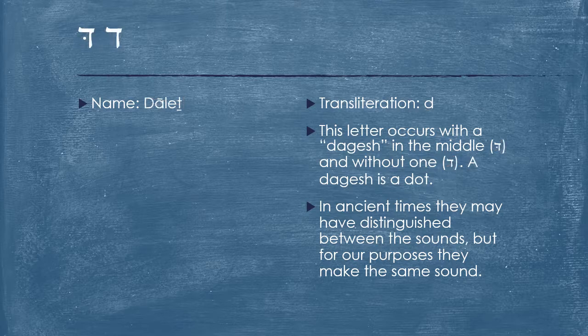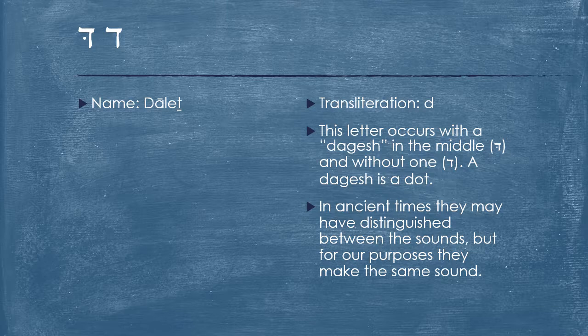The next letter is Dalet. This also occurs with a dagesh or without a dagesh. It is the sound of the letter D. Again, there was possibly in ancient times a distinguishing difference between the Dalet with a dagesh and without the dagesh.